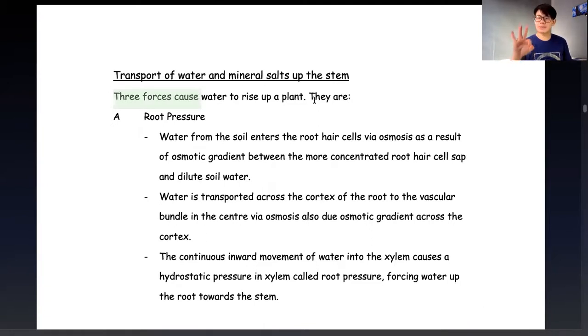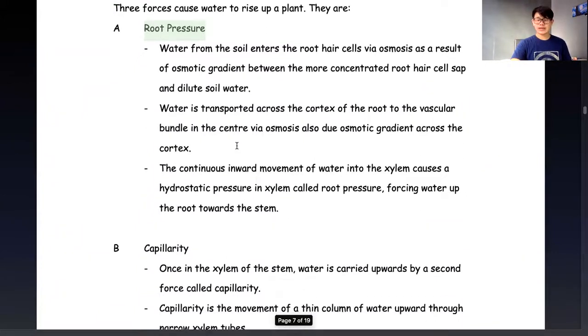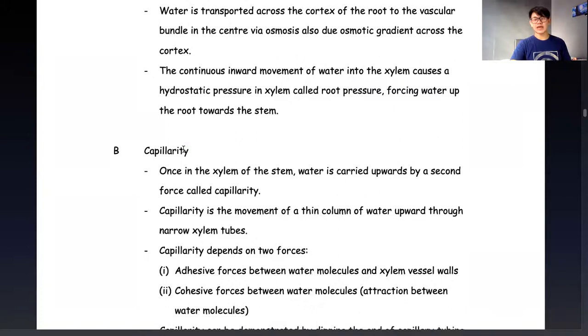The three important ones that you should be familiar with. The first force is what we call root pressure. The second is what we call capillarity, in other words, cohesion, adhesion, tension. So if you could write down here, slash capillarity slash cohesion dash adhesion tension.